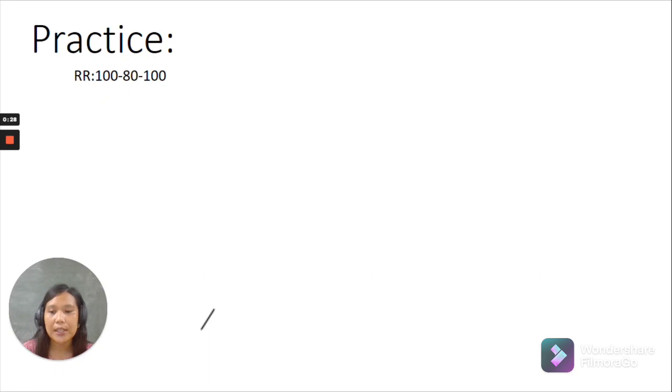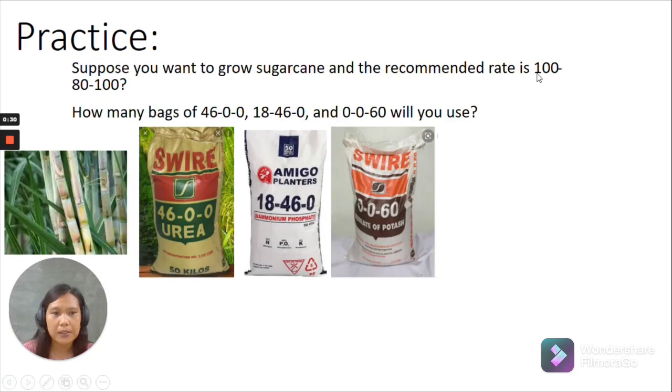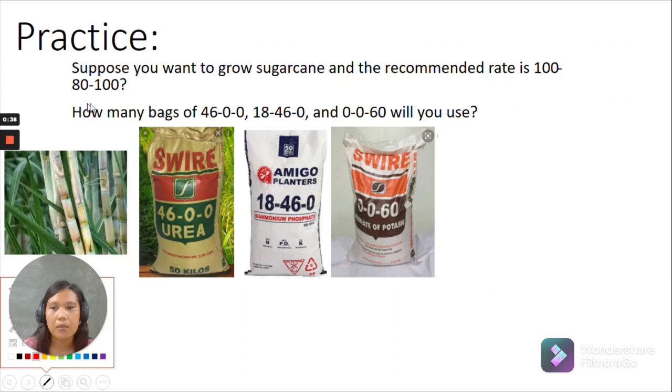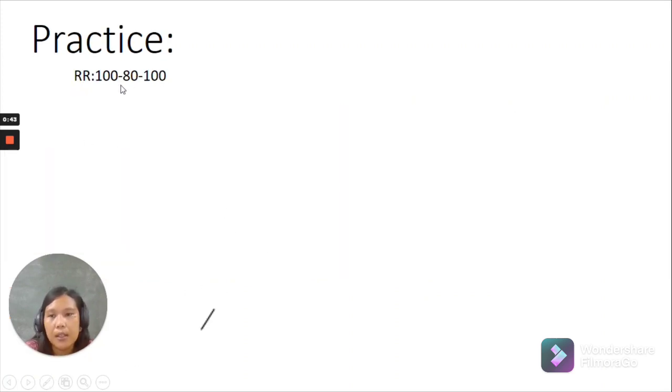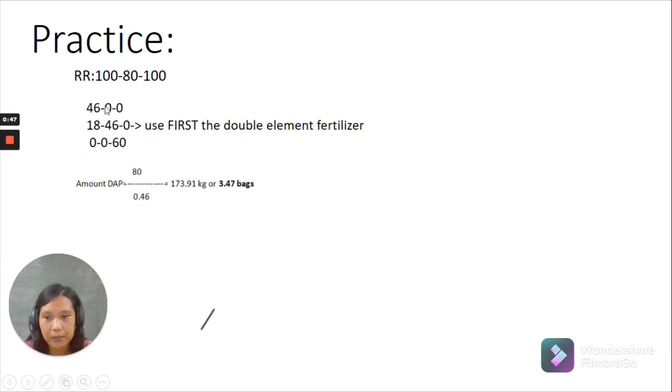So select your recommended rate: 180-80-100. Then, the available fertilizer materials are 46-0-0, 18-46-0, and 0-0-60.